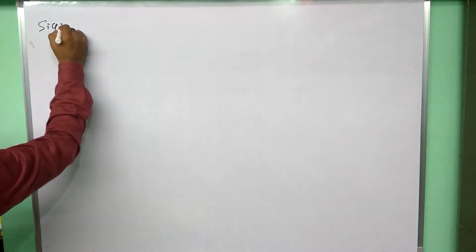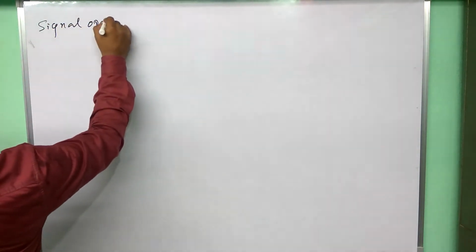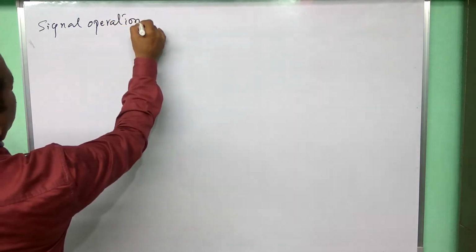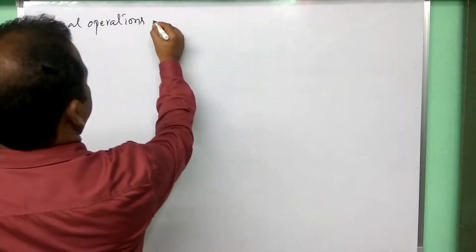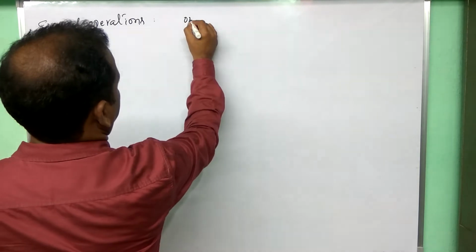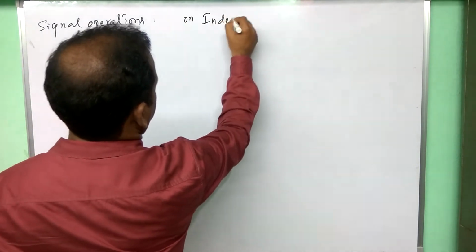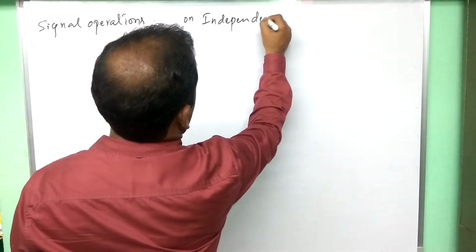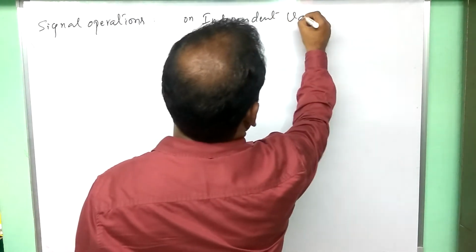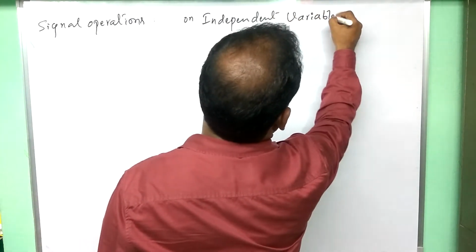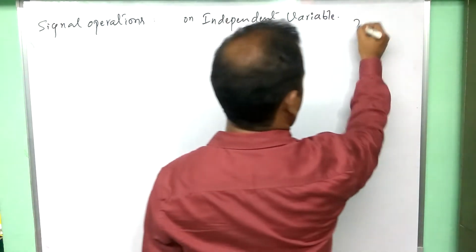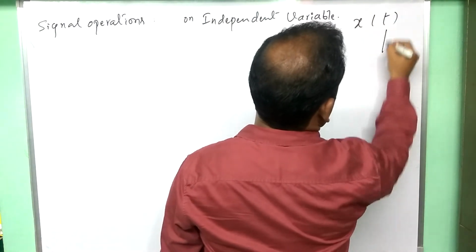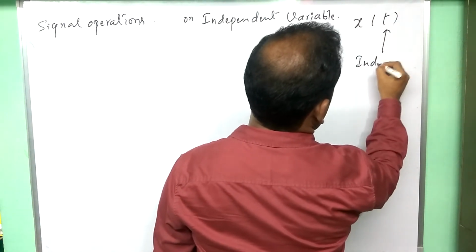In the signal operations, especially on the independent variable, for the signal x of t, t is the independent variable, as we know.